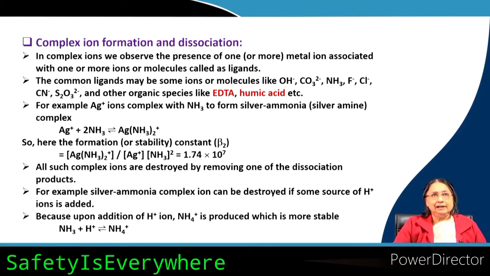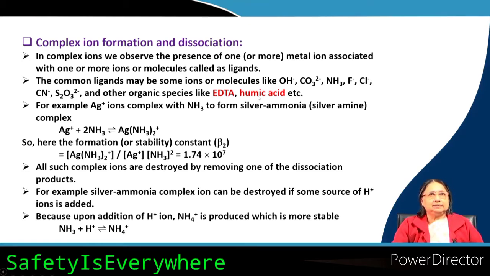So, the metal is associated with some species called ligands, and common ligands we know are OH minus, carbonate, ammonia, fluoride, chloride, cyanide, thiosulfate. All these can act as a ligand. And some species like EDTA, ethylenediaminetetraacetic acid. Humic acid is a natural ligand.